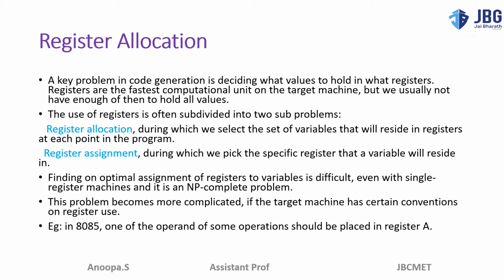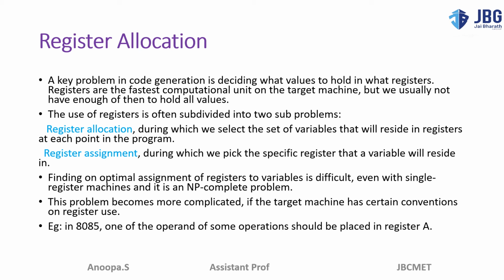So in register allocation we decide which variables go to registers, and in register assignment we pick the specific register to store a particular variable. Finding an optimal assignment of registers to variables is difficult even with single register machines, and it is an NP-complete problem. It becomes complicated if the target machine has certain conventions on register use.